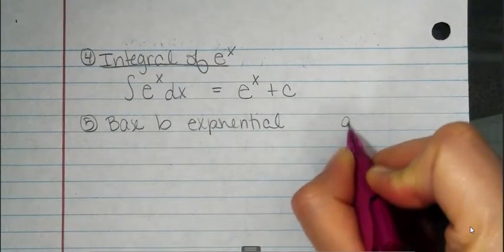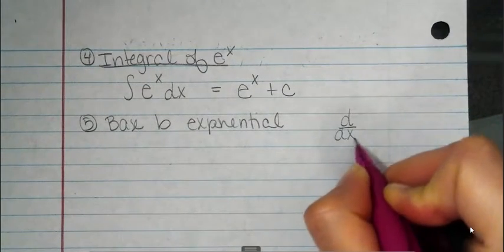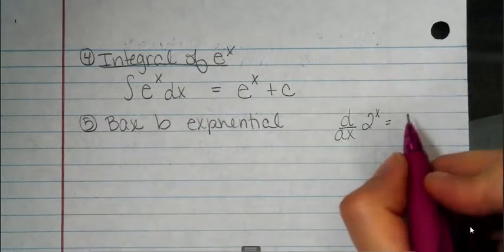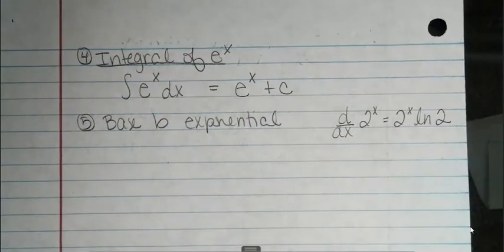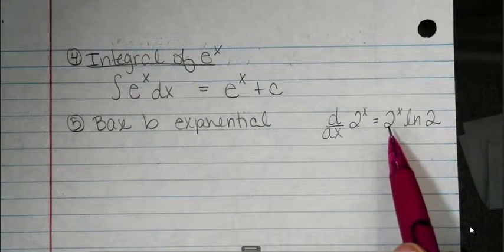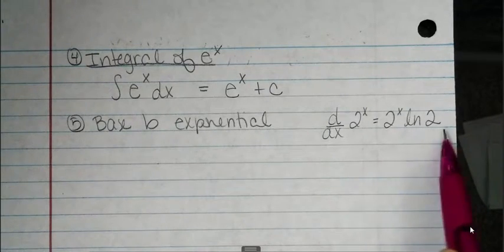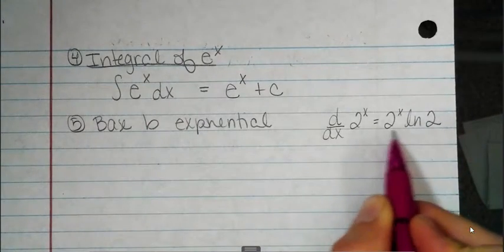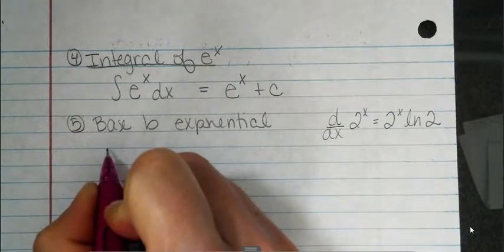If I took the derivative with respect to x of 2 to the x, this is really 2 to the x ln of 2, right? So when I'm doing the antiderivative of this, I need to work backwards. So I'm going to end up dividing out that ln of the base. Because if I divide out that ln of the base, I get right back to what I started with.